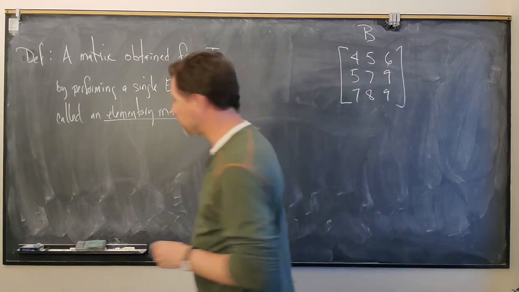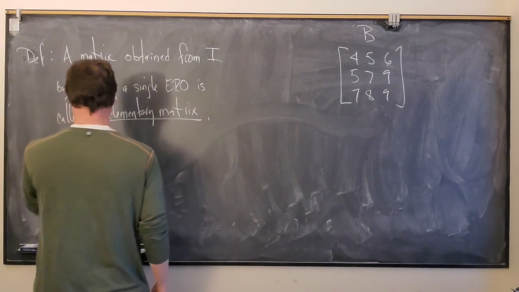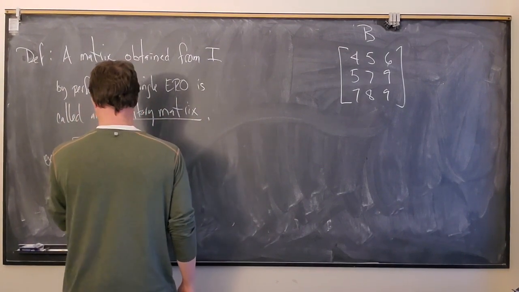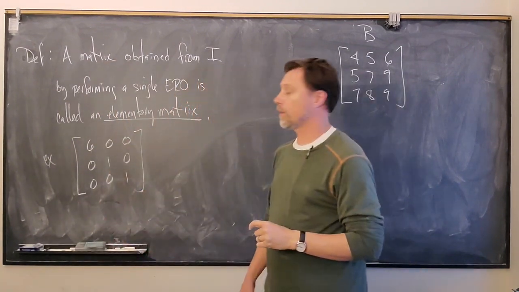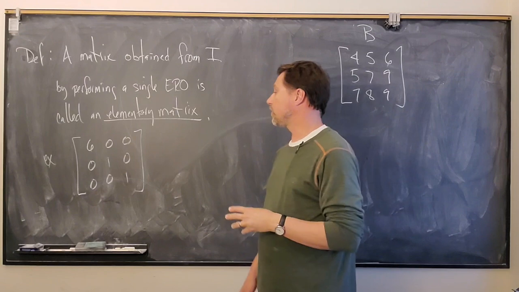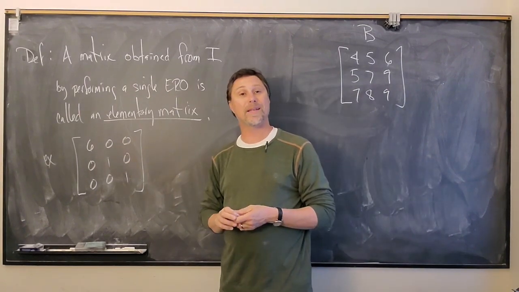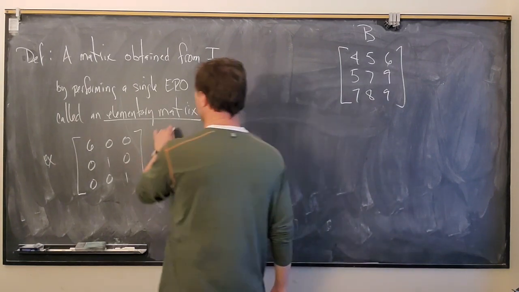So for example, how about 6, 0, 0, 0, 1, 0, 0, 0, 1. There's an example of an elementary matrix. Why is that? Well, if you take the 3 by 3 identity matrix and multiply the first row by 6, the result is this one. Another example.